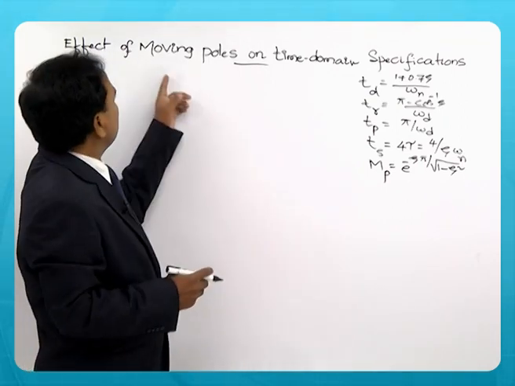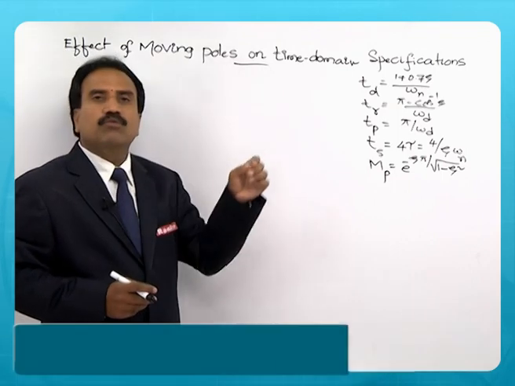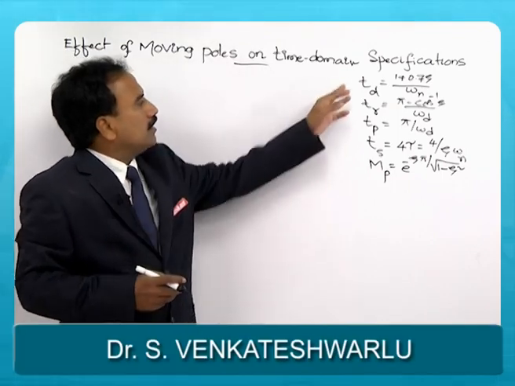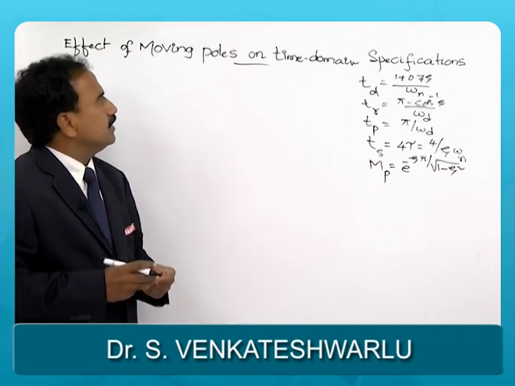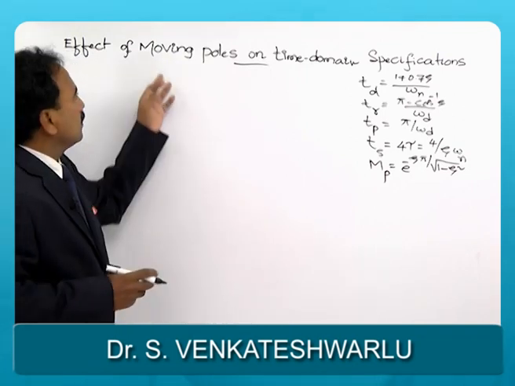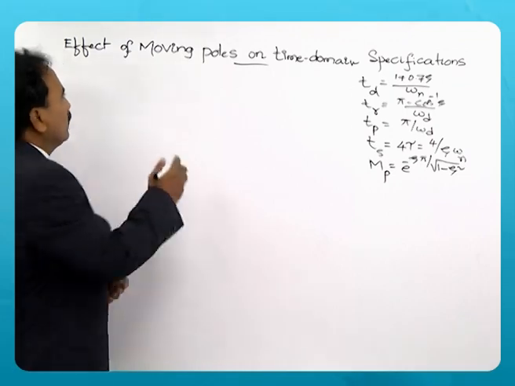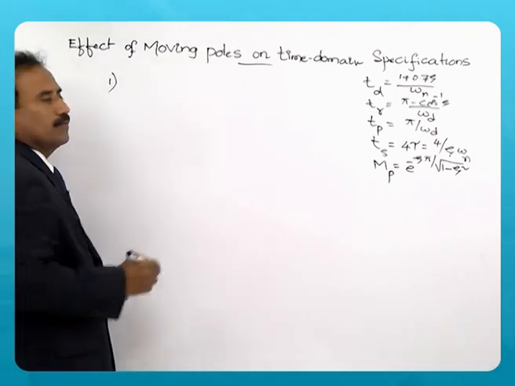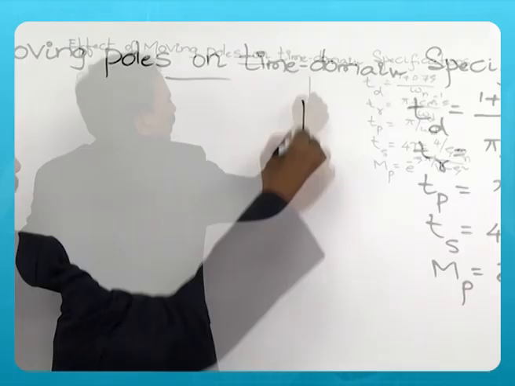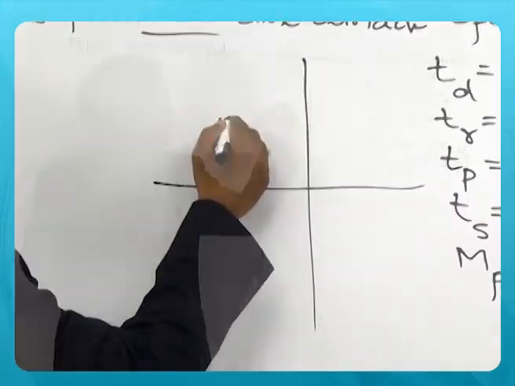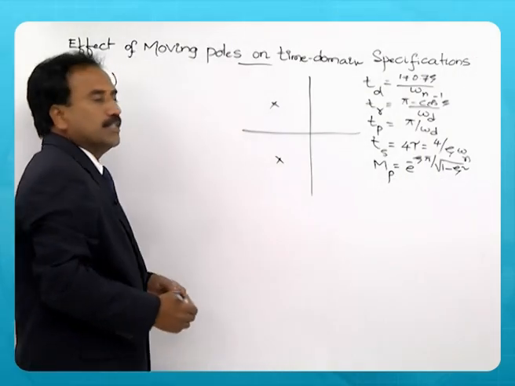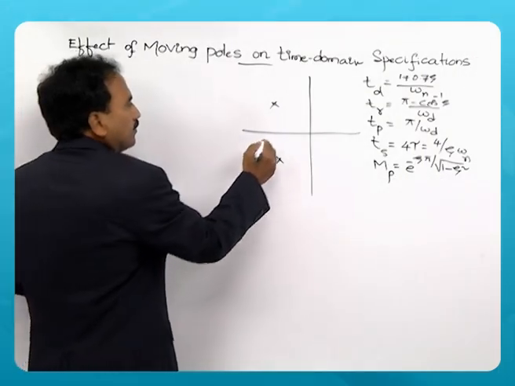Now, let us see what is the effect of moving poles on all these time domain specifications. We can consider 3 cases in this effect of moving poles. In number 1, say the poles are in the complex plane as a complex conjugate pair.